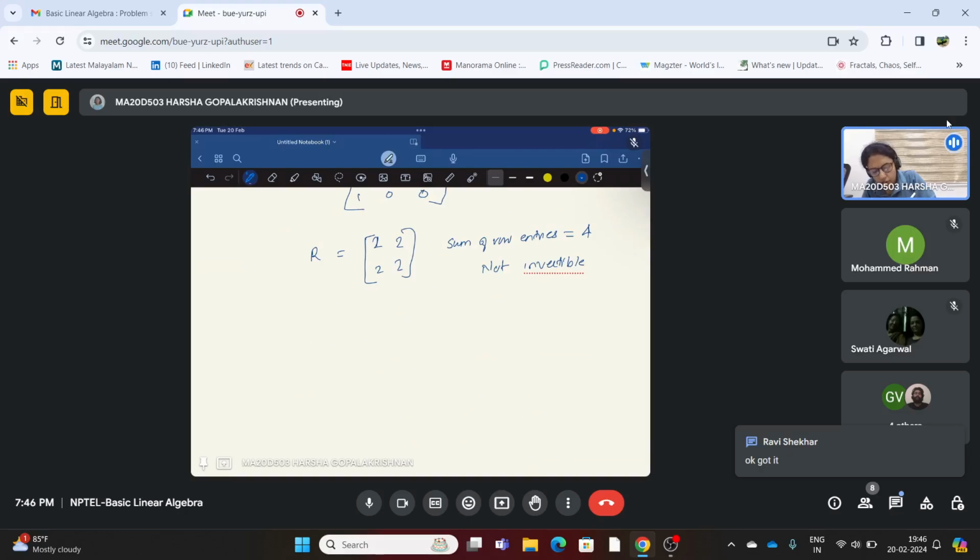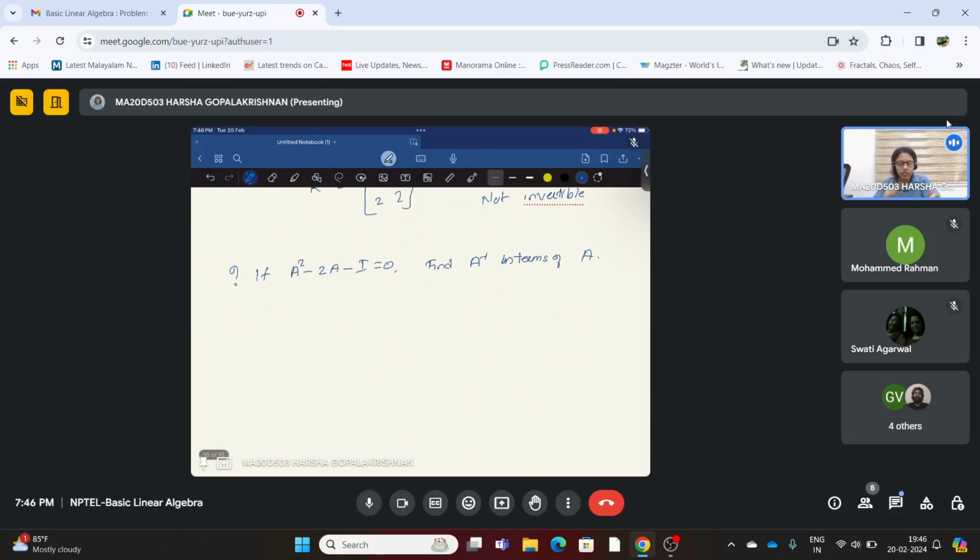Now the next question is, if A square minus 2A minus I equal to 0, find A inverse in terms of A. This is just an algebraic calculation. Can anyone say what A inverse is? Write it in terms of A and the identity matrix, not the exact value, because we don't know what A is.